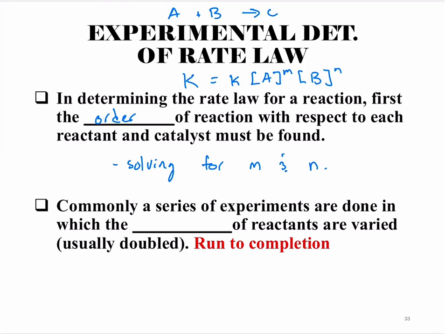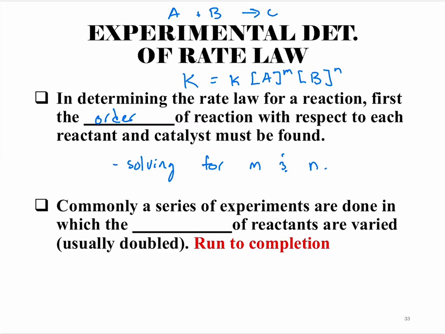And this is why we focus on doing first, second, and 0th order, because those are easier to observe by eye. If we double the concentration and the rate doubles, that tells us it's first order. If the rate quadruples, that tells us it's second order. If it doesn't change, then that's going to be 0th order.